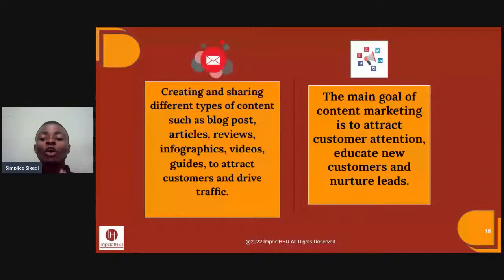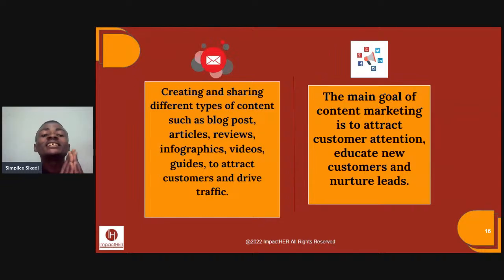The main goal of content marketing is to attract customer attention, educate new customers, and nurture leads. Content marketing is very, very important when it comes to digital marketing. In fact, people believe that content marketing is the most important aspect of digital marketing. Well, that's a school of thought.